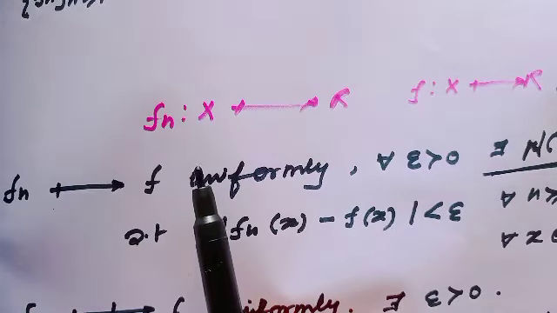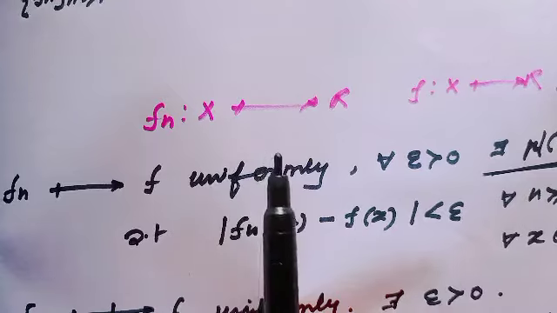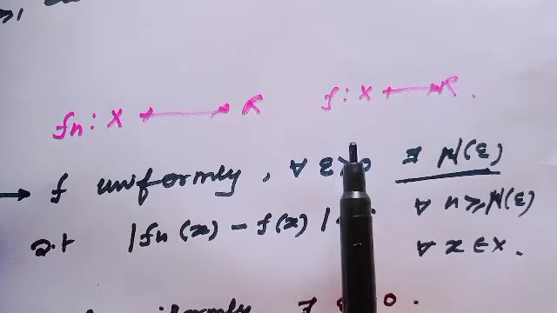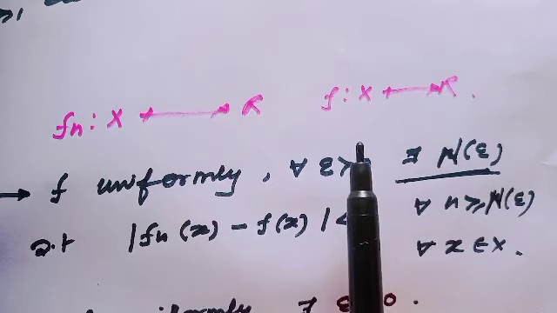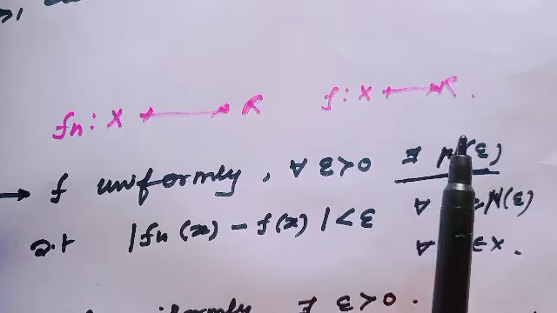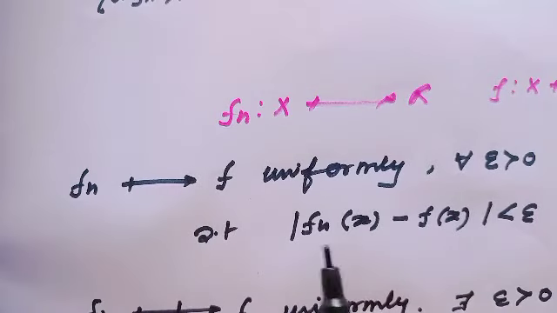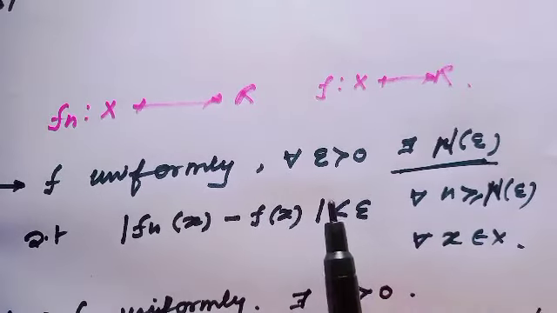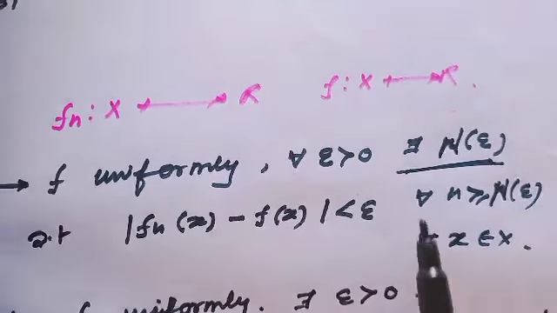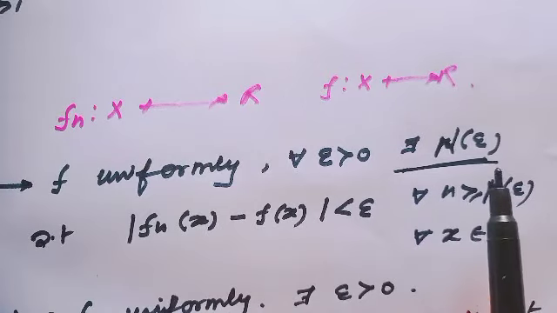Let fn be a sequence of functions defined from X to R, and let f be any function also defined from X to R. Then fn converges to f uniformly if for all epsilon greater than 0 there exists a capital N which depends on epsilon.